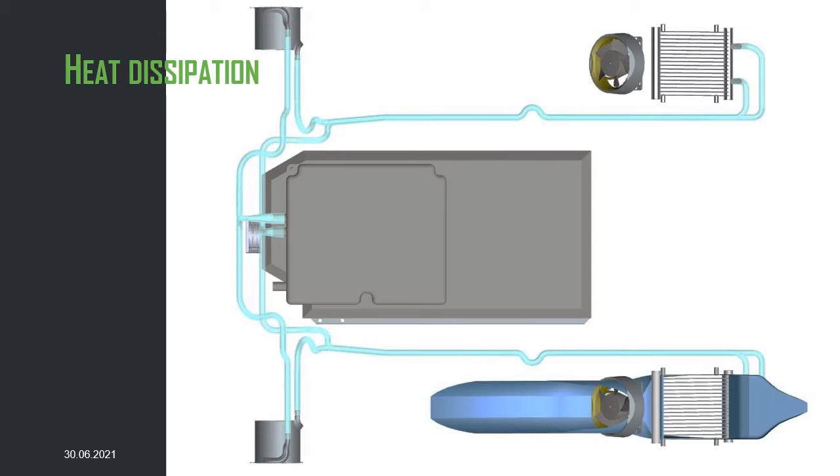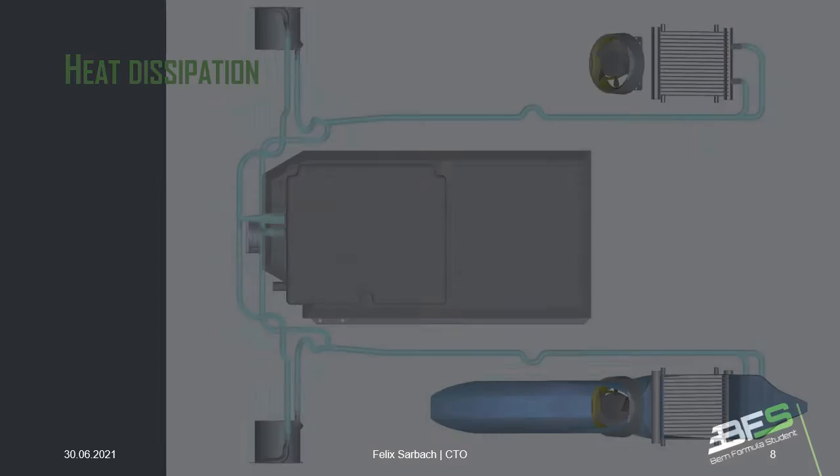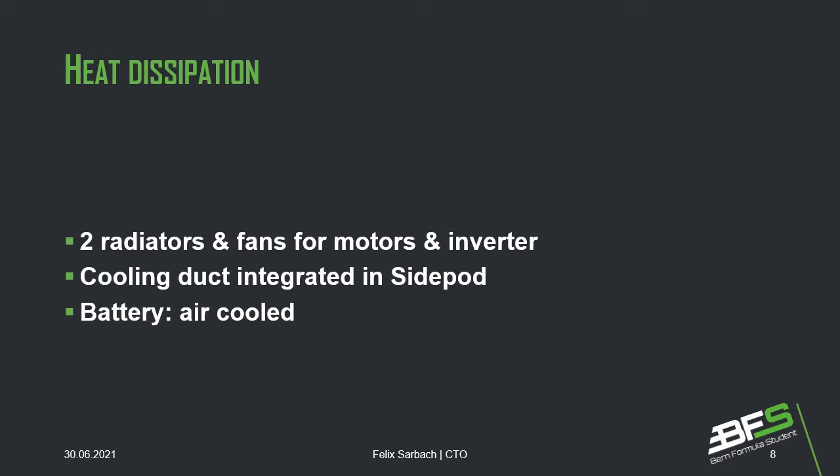Afterwards, the cooling system goes to the side pods, where the radiators and fans are positioned. The side pods are in the shape of a wing. Each wing has one radiator and one fan mounted inside.